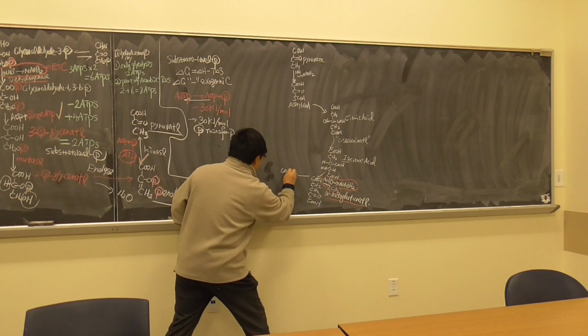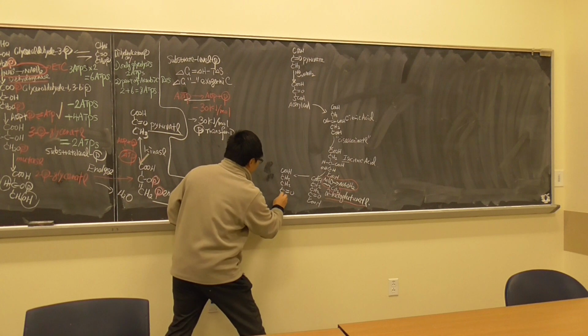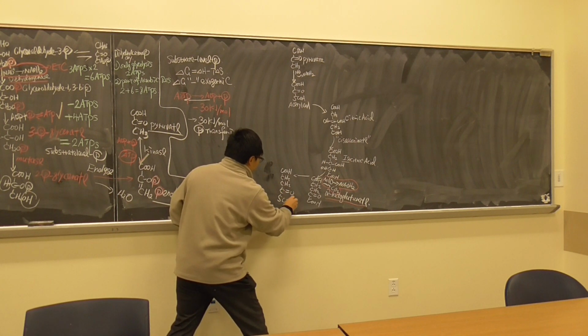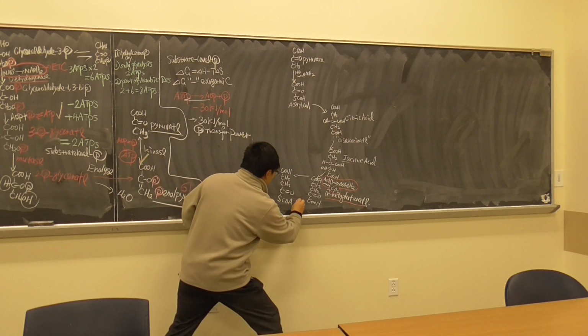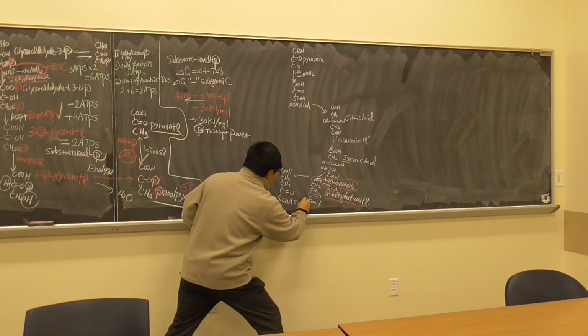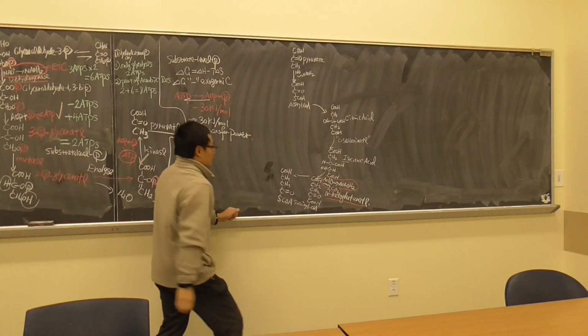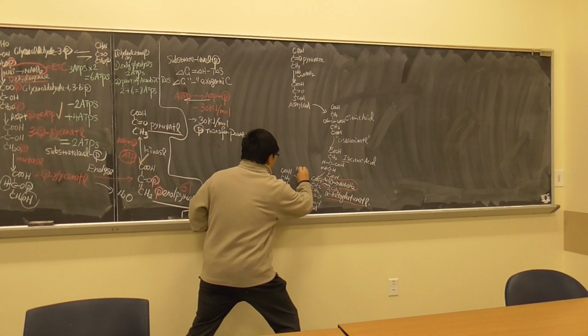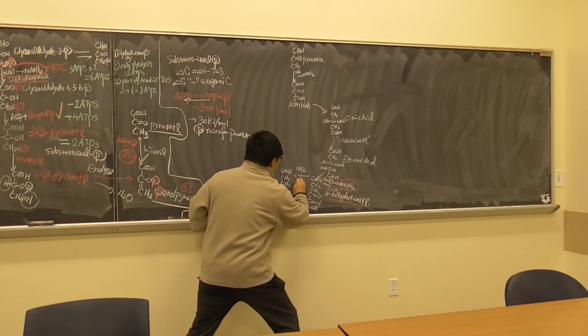Then we go a little bit further, and it becomes COOH, CH2, CH2, CO, and SCoA. That's called succinyl-CoA. And this happened again, NAD reduced to NADH2 and release carbon dioxide.